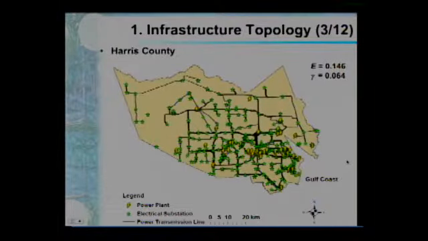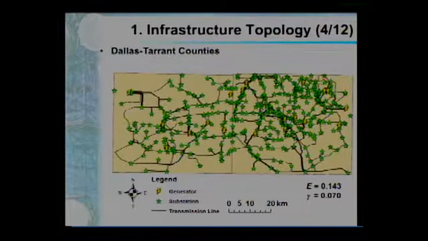Let's compare this with another network of similar characteristics. So Harris County, in Texas, which other city can we look at? Dallas-Fort Worth together is a good example, similar sizes. So here we have Dallas and Tarrant counties, and the properties are, for all intents and purposes, almost the same. Similar efficiency, similar clustering.